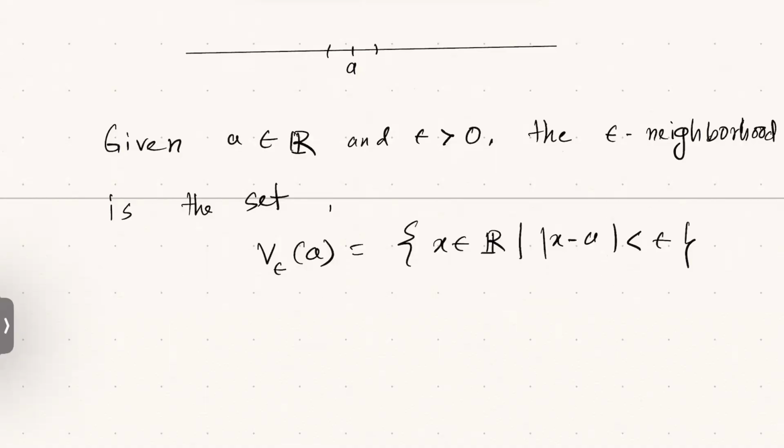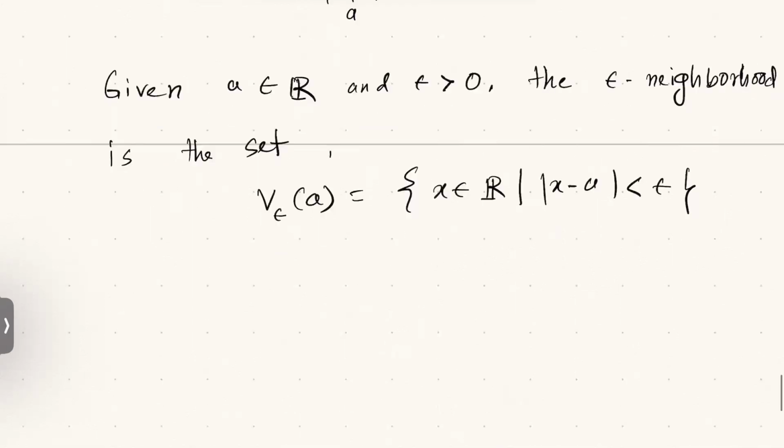Now we can define an open set using this definition. As we already know, every open interval is an open set, and every closed interval is a closed set.